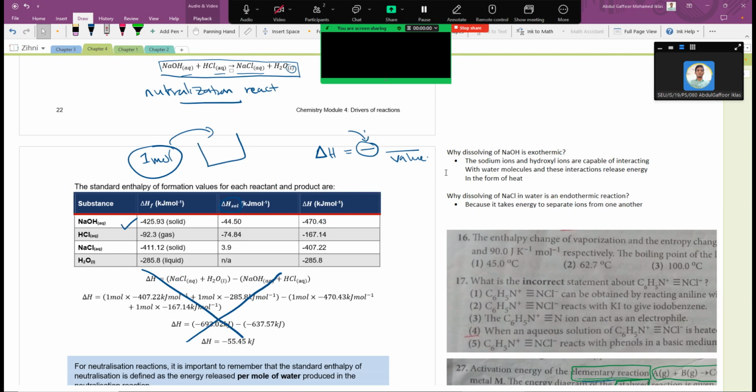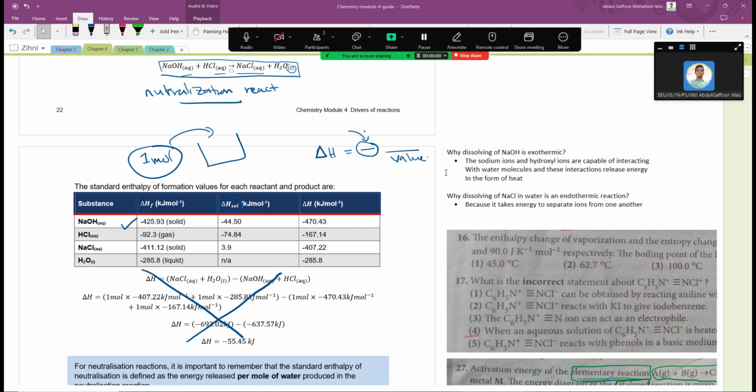So during this process, how much amount of energy will be released?